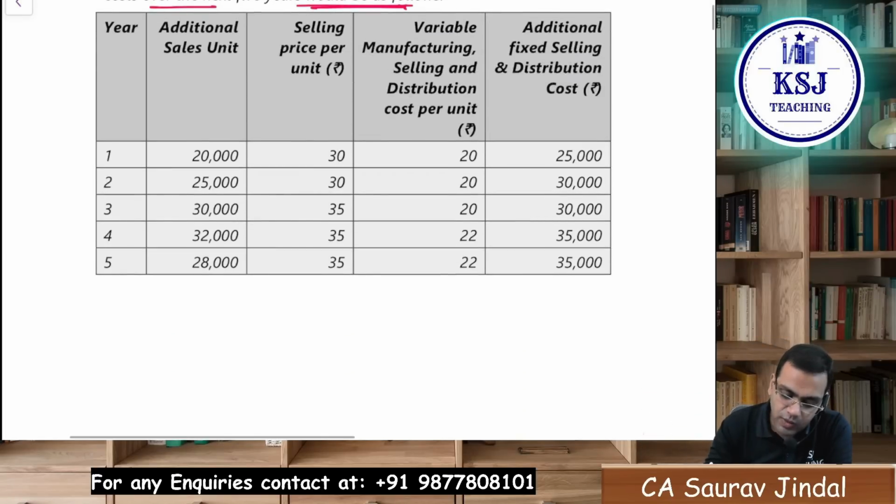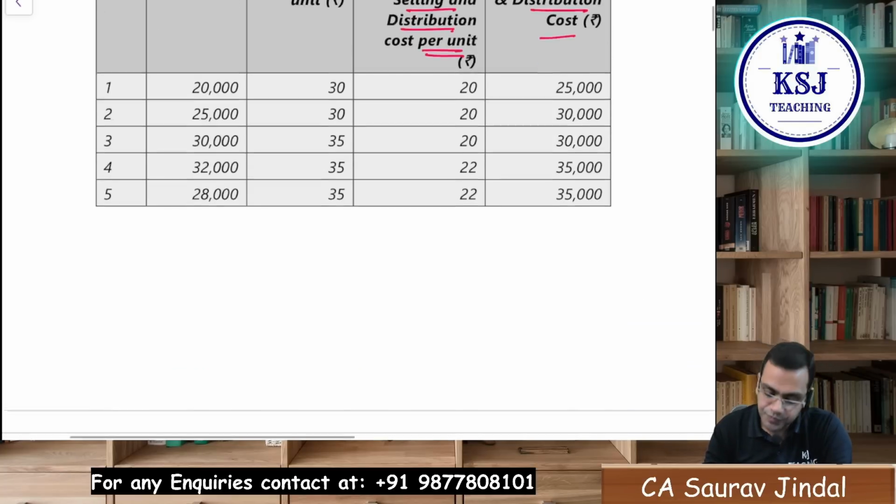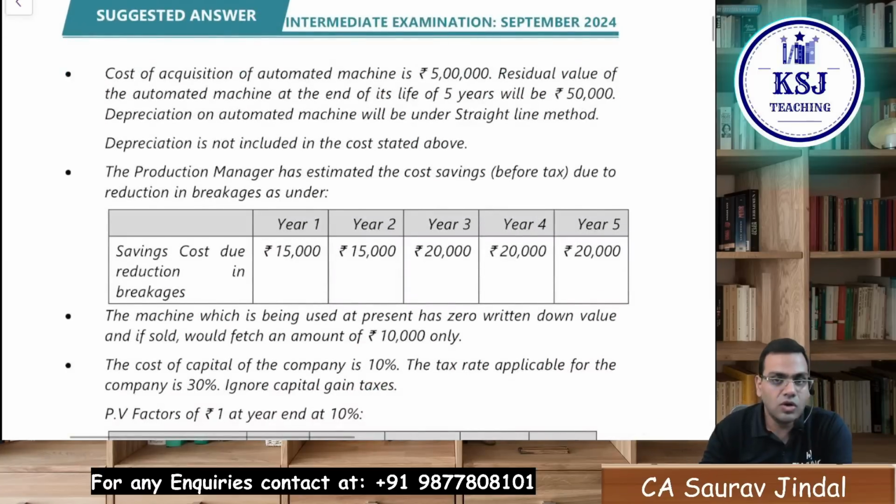In year number 1, additional sale units are given, selling price per unit is given, variable manufacturing, selling and distribution cost is given, and additional fixed selling and distribution cost. This is per unit which is given to you. Next, the cost of acquisition of the automated machine is rupees 5 lakh. Residual value of the automated machine at the end of the life of 5 years is 50,000.